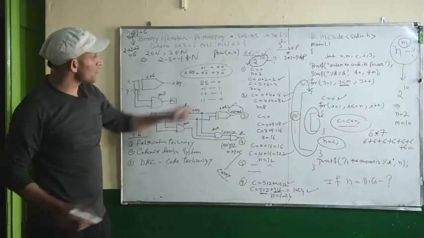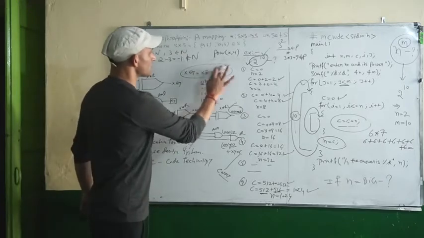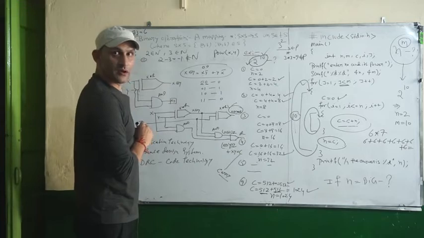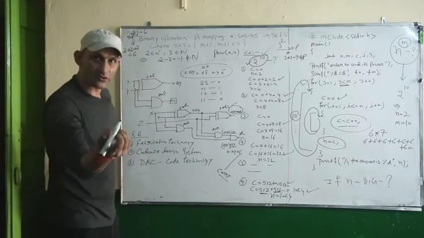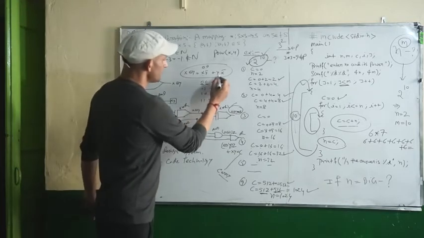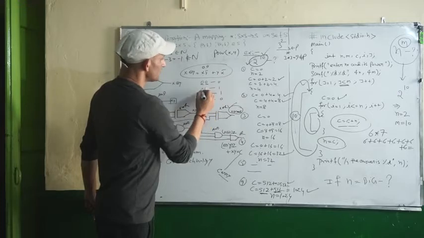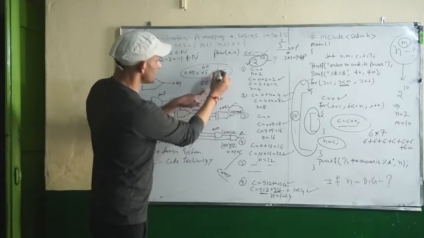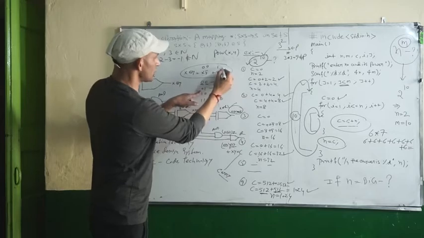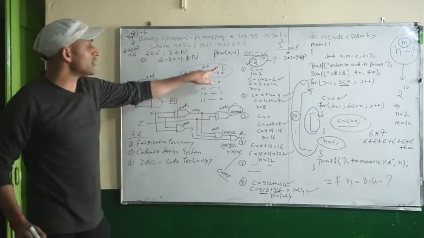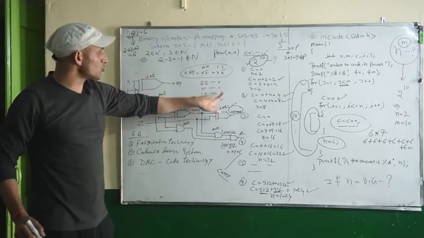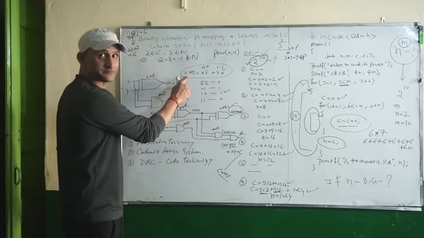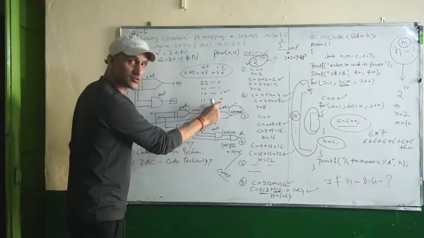The next time 0 and 1: suppose x is 0 and y is 1. Then x y complement is 0, but y x complement is 1 into 1, which is 1. And 1 plus 0 is equal to 1. Similarly 1 0 gives 1 for this XOR operation, and 1 1 gives 0.